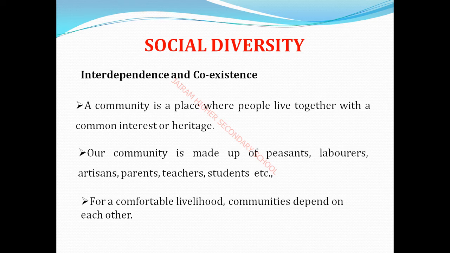Apart from that, if your father is not taking you to school because of his work, you are dependent on an auto rickshaw or the school van. At that time, you have to depend on someone else to carry you to school. So for comfortable living, each and every one of us has to depend on others.